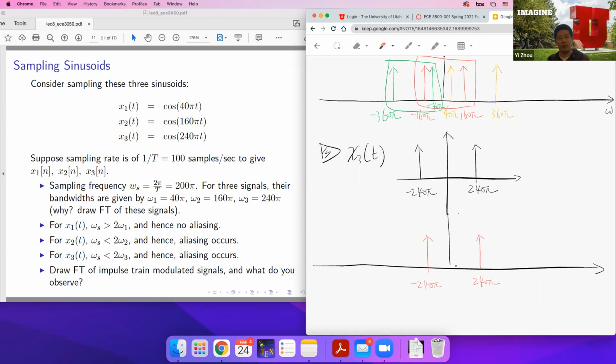And the second one we shift to the right by omega s. Omega s is 200 pi. So this one shifted by 200, we get -40. And this one shifted by 200, we get 440. Okay, and then you have the other one right here and here. So this is 40 pi.